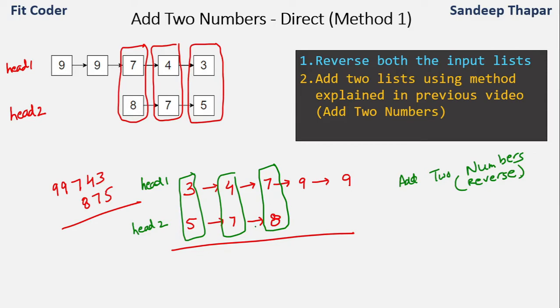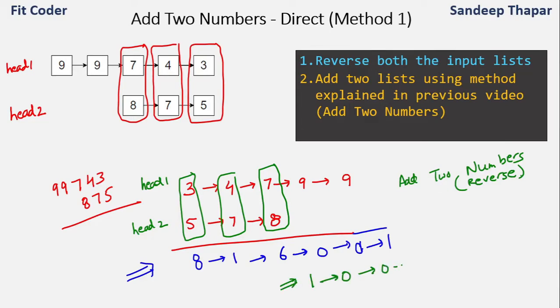So we find out the sum of these linked lists. How we obtain this sum, you can refer to in my previous video, because now this is exactly the same case as add two numbers reverse. Once we obtain this linked list, as a final output we need to reverse it, because the number is stored in reverse.